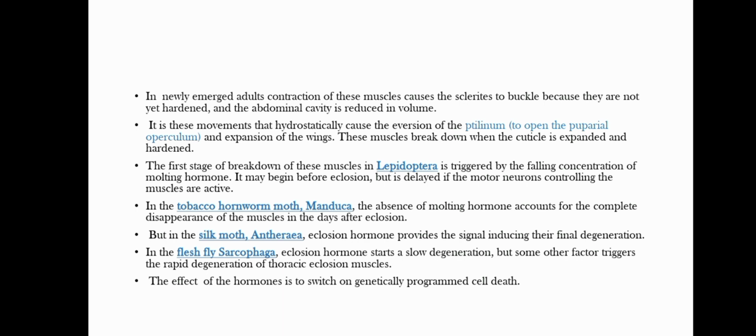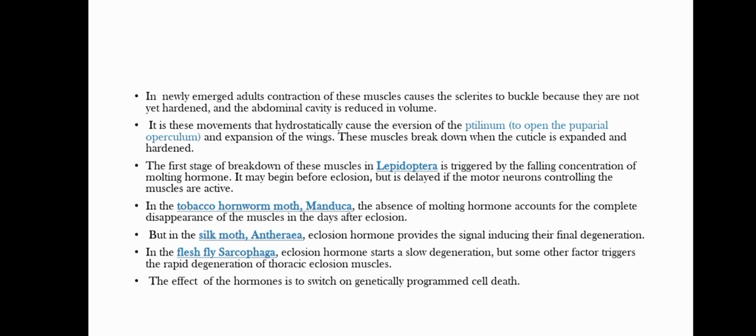The first stage of the breakdown of these muscles in the Lepidoptera is mainly triggered by the falling concentration of the molting hormone. So in the Lepidoptera, this muscle breakdown occurs when the molting hormone concentration falls. It occurs before eclosion, but it is delayed if the motor neuron controlling the muscles is active.